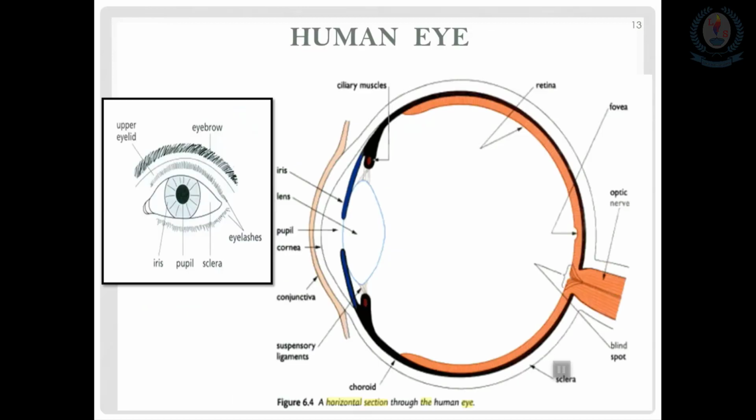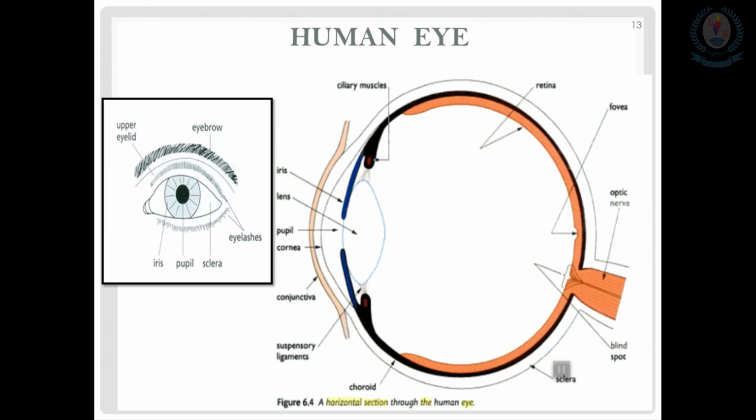Now we'll be discussing the human eye in detail as a sense organ. Let's start by looking at the functions of different parts of the eye. Light rays pass through the transparent front of the eye. This is called the cornea.